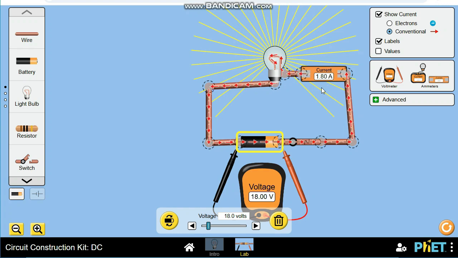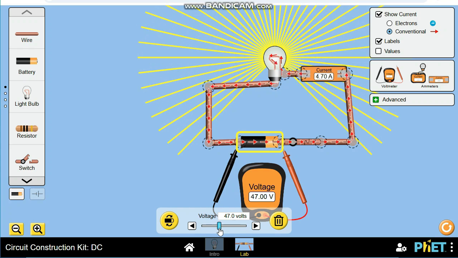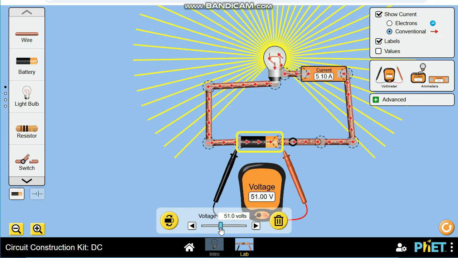According to Ohm's law, we can prove that the ratio of potential difference V to the current I is always a constant value. Now let us verify this statement with the help of PhET simulation. For this purpose, let us change the voltage to 50 volts.